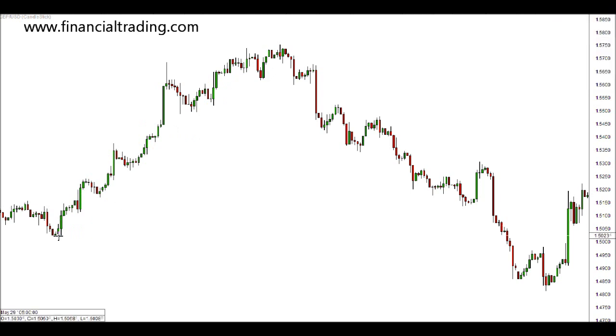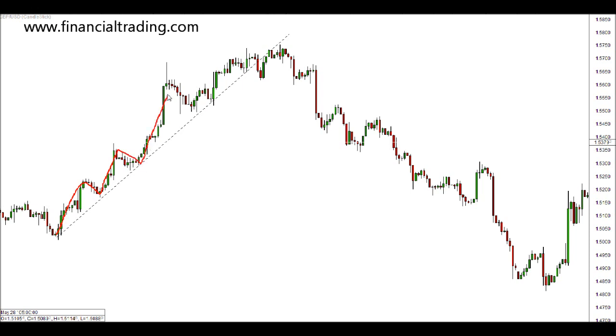If we draw a trend line, this diagonal support or channel support will be even more clear.